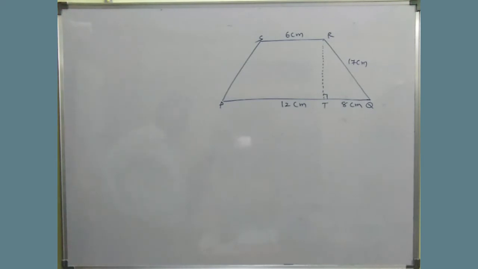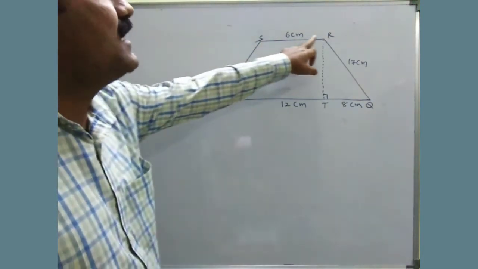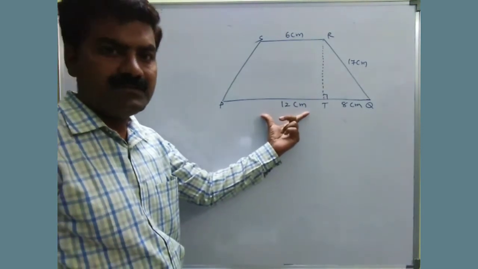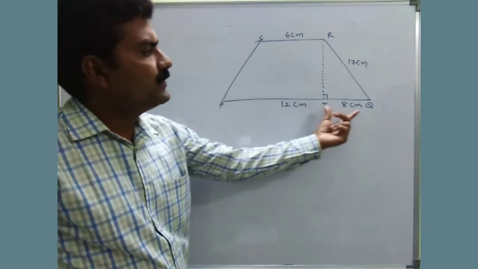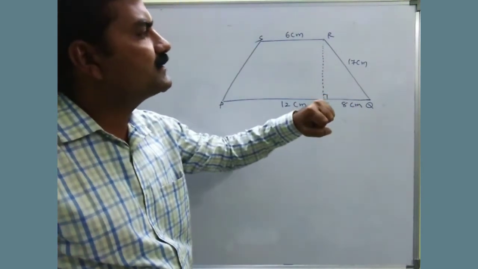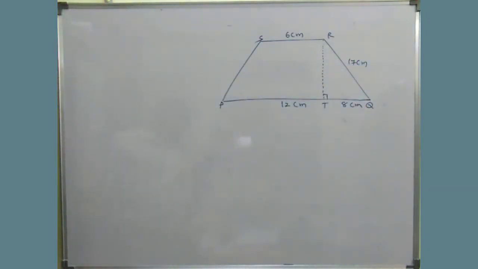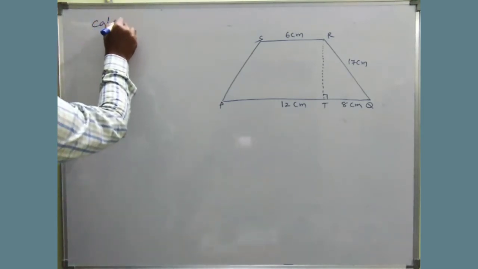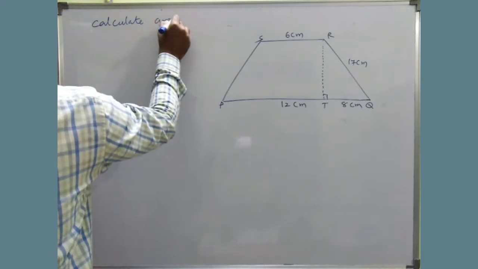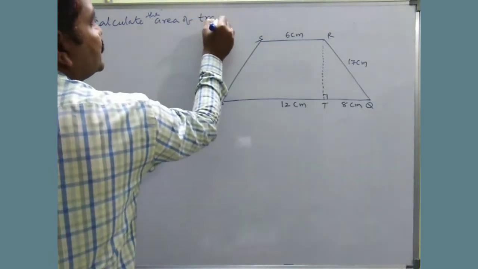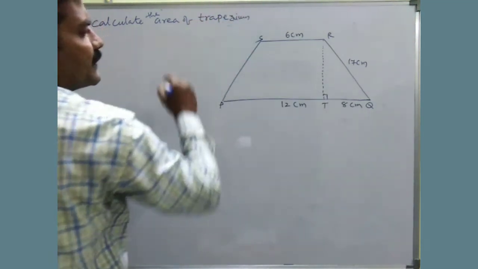So look at this trapezium. Provided that length of SR 6 centimeters and this length PT which is equals to 12 centimeters, QT length 8 centimeters, whereas RQ is equals to 17 centimeters, and we have to calculate the area of trapezium PQRS.